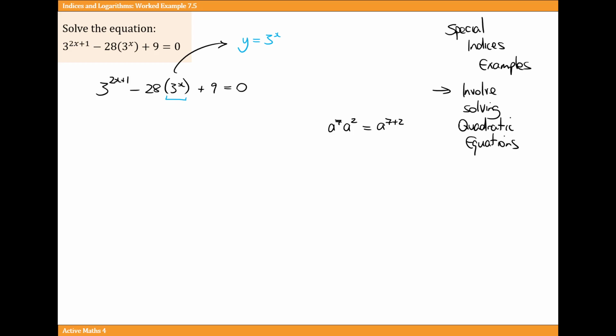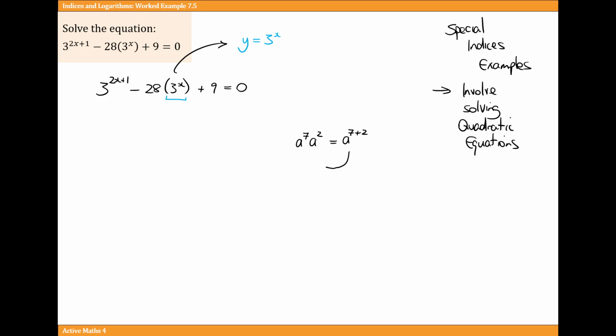Likewise, if we have two things being added in the power, we can go backwards and separate them. One of the rules of indices says that if we have a number a to a particular power, let's say 7, and the same number is multiplied with a power, let's say 2, we can join them and have that base number a to the power of 7 plus 2, which is 9.